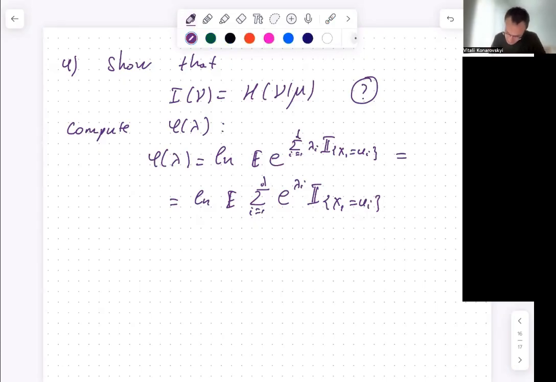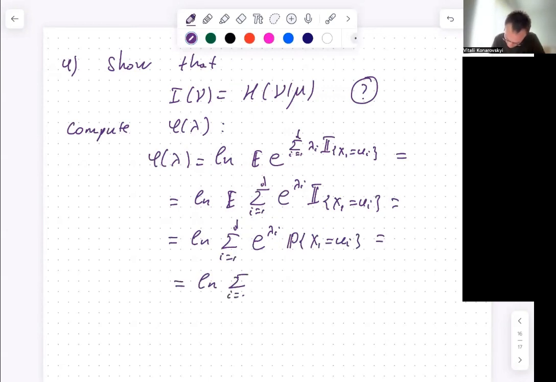But this is much easier to compute, because you have the expectation of a sum, and you can move this expectation inside. It is the logarithm of the sum over i from 1 to d of e to the power lambda_i, and then the expectation of the indicator is a probability, which is mu of u_i.